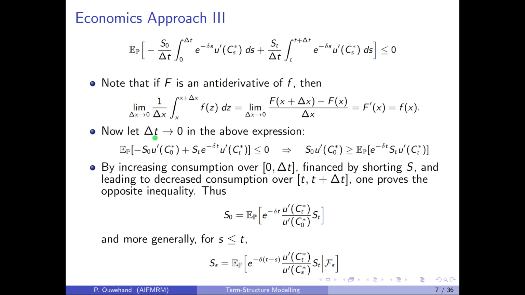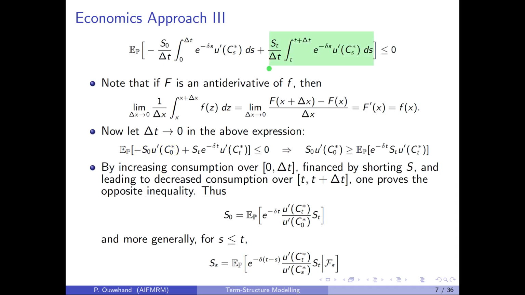So now let delta t go to 0 in this expression here. Then the limit of the first term is equal to minus S_0 times the value of the integrand evaluated at 0. In other words, it's equal to minus S_0 times u prime c_0 star.